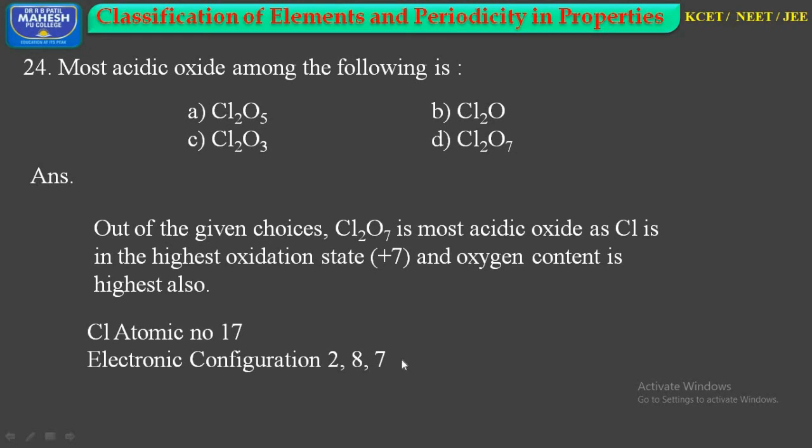So the outermost shell containing 7 electrons can be removed. As a result, the highest oxidation state which chlorine can attain is +7. And the second reason, oxygen content within the formula Cl2O7 is the highest. So with this, the right option is option D, Cl2O7, the most acidic oxide among all the rest.